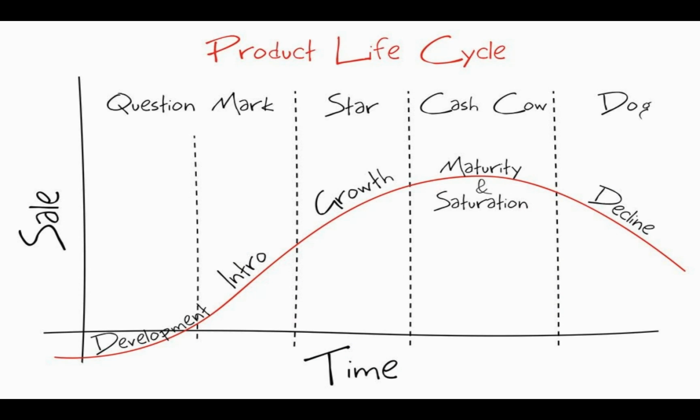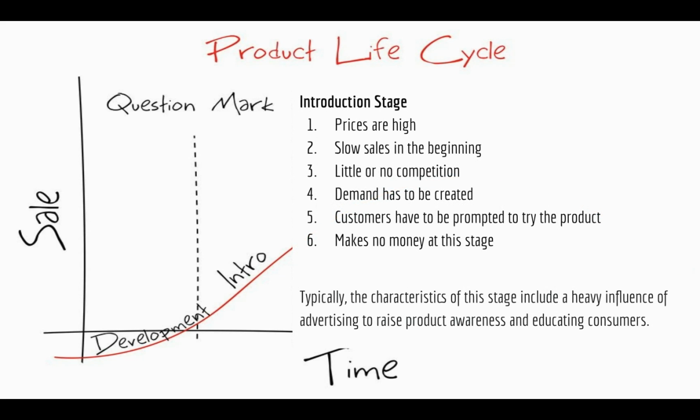All right, so again, here's our product life cycle, and now we can look at it as a whole, all the way from development to decline. We're not going to spend a ton of time talking about development. We're going to focus more on development into the introduction phase. So what is happening in the introduction stage? We can think about products where the prices are very high right now, probably because there's little or no competition.